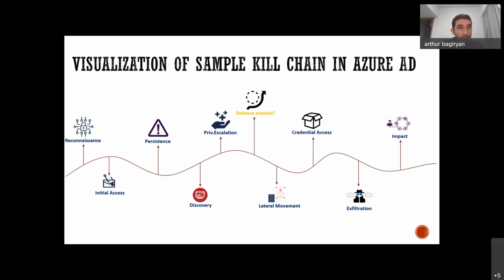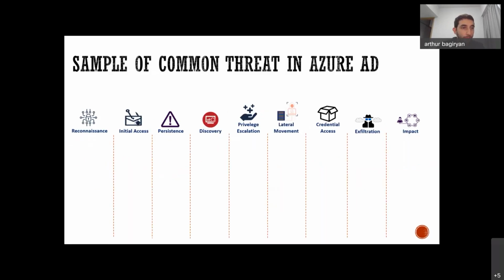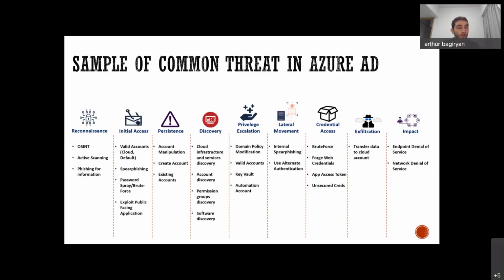Now let's look at some of the common threats and techniques under these groups. Under reconnaissance, some of the common techniques are active scanning and phishing for information. That's where you try to gather information about your target.